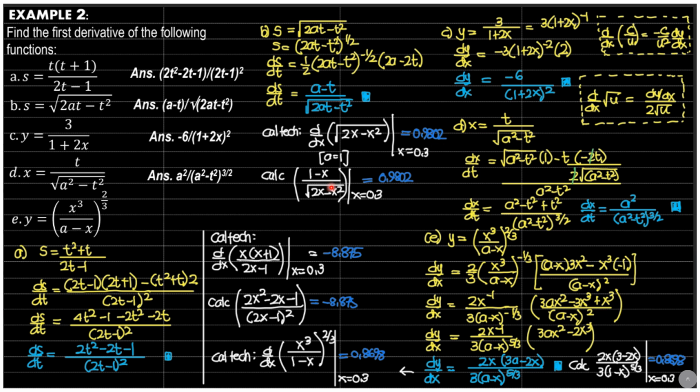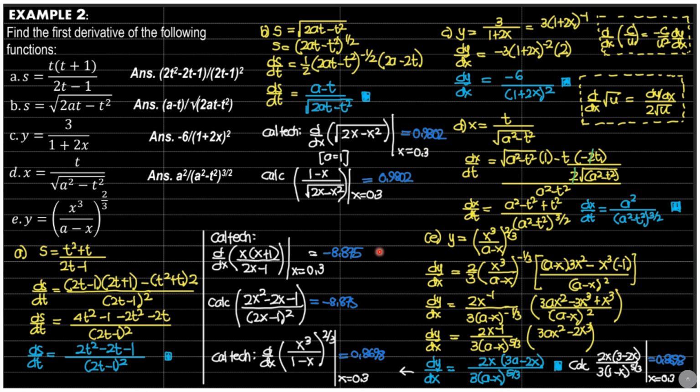Then evaluate the answer to check if this is correct. Since we assigned a is 1, we have 1 minus x over square root of 2 times 1 times x, so 2x minus x squared. At x equals 0.3, your calculator will evaluate this function value to 0.9802. They are equal, so that means that's the answer.